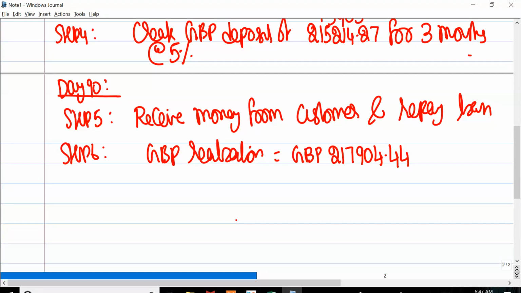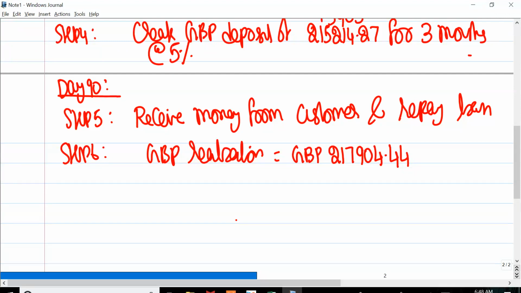This is what I am going to realize. Irrespective of what happens to the interest rates, I am going to realize 217,904.44. This is the amount of money we are going to realize from this transaction, GBP 217,904.44.